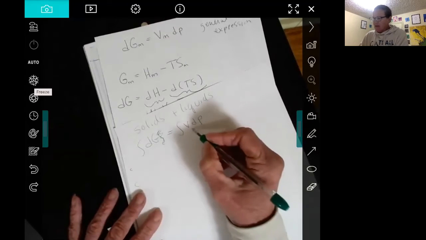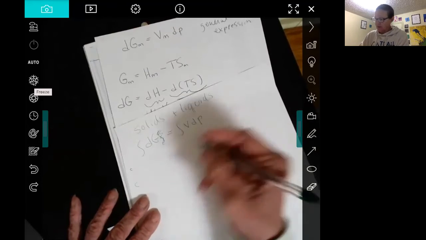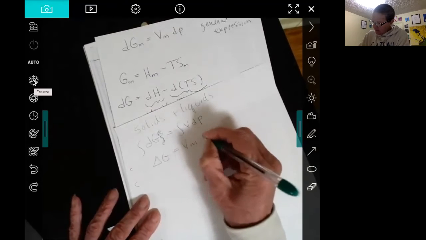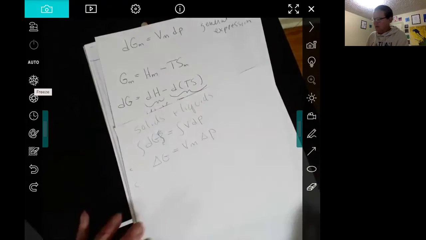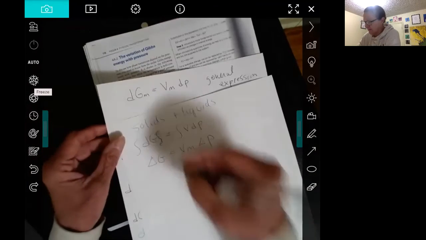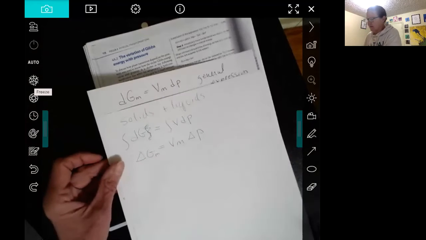So volume for solids and liquids is pretty constant with a pressure change. So a dG can be just integrated to be constant molar volume times delta P. So that's the first equation they give you.